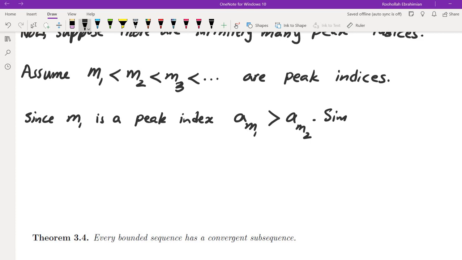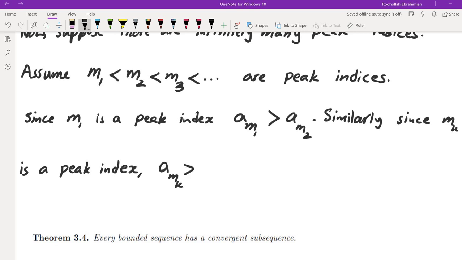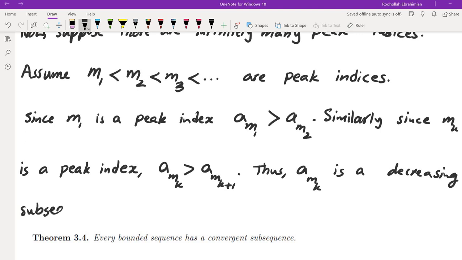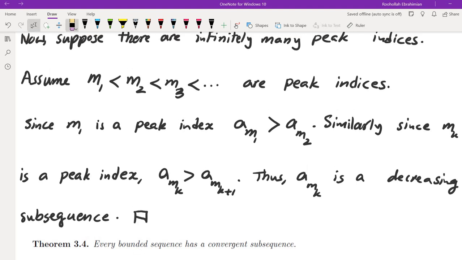And then similarly, since Mk is a peak index, A_Mk is greater than A_M(k+1). And that means A sub Mk is a decreasing subsequence, which is what we wanted. So this finishes up the proof.